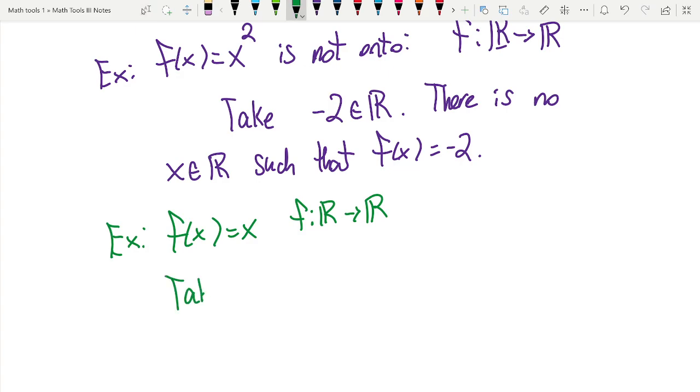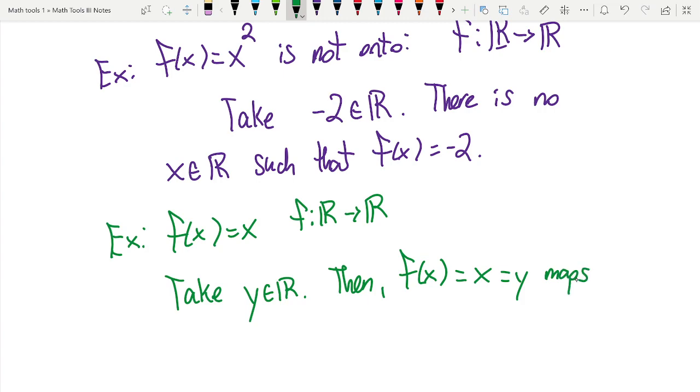Take y in R. Then f of x equals x equals y, which maps to y. In other words, whatever element you took out of R, take the exact same element out of the domain, and that's going to map to y, right? And this is fine, the domain and the codomain are the same thing here.